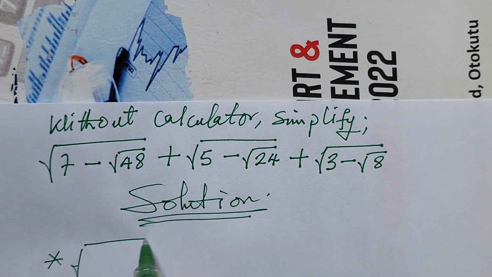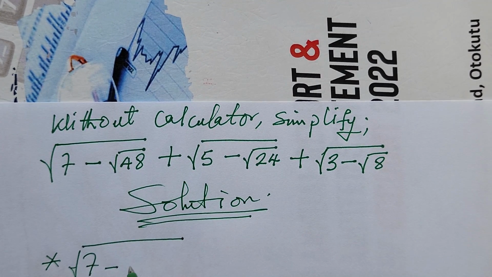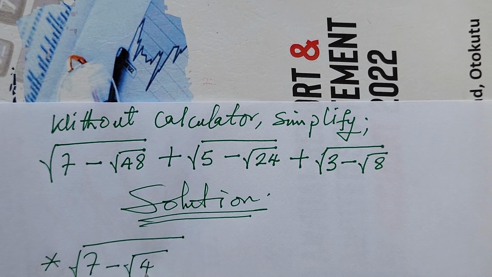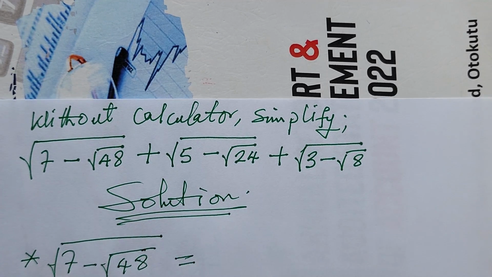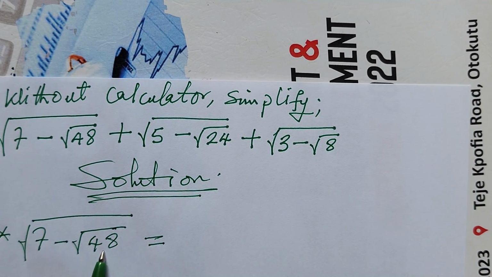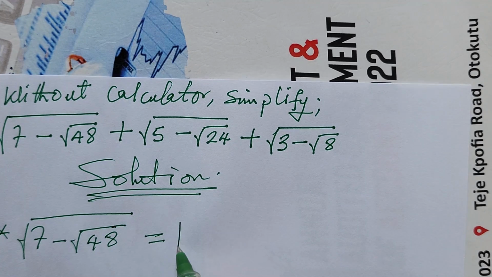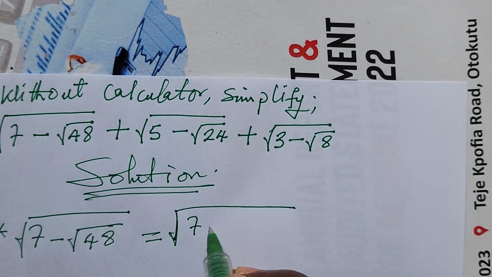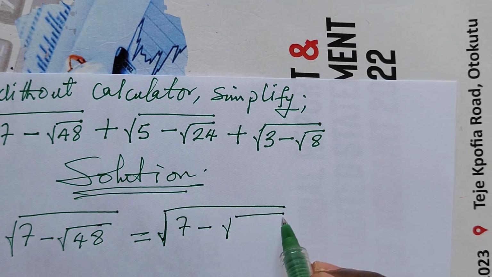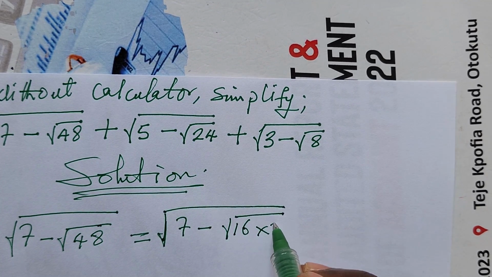So the square root of 7 minus the square root of 48 here. This is the same thing. We can rewrite this expression as the square root of 7 minus the square root of 16 times 3.